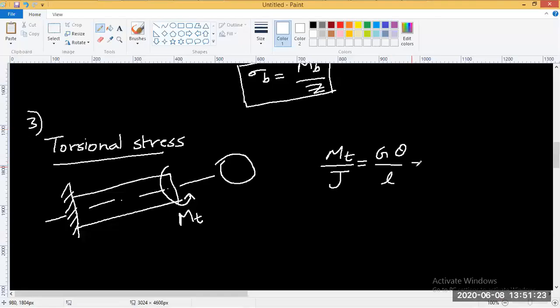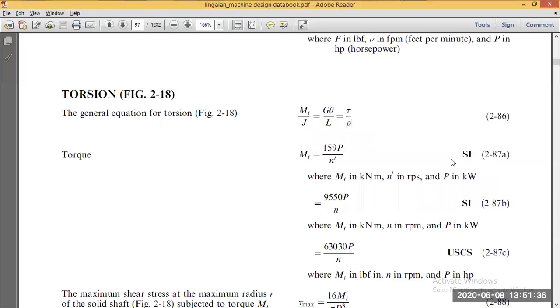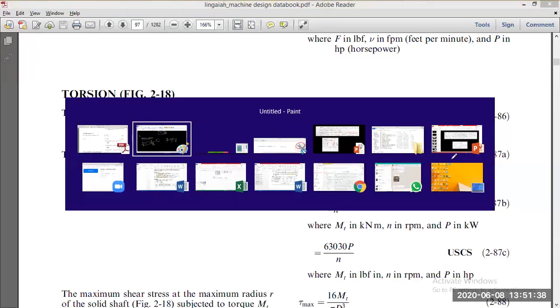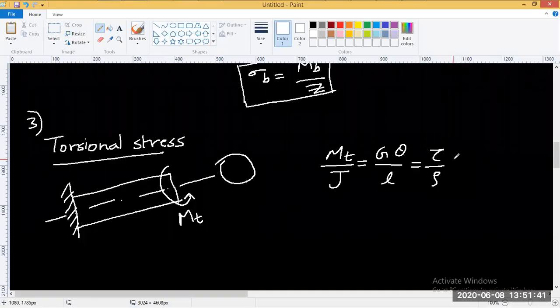Tau is the shear stress by rho. That is the density, I guess. Rho is the density of the material, right? So we have all the values here.